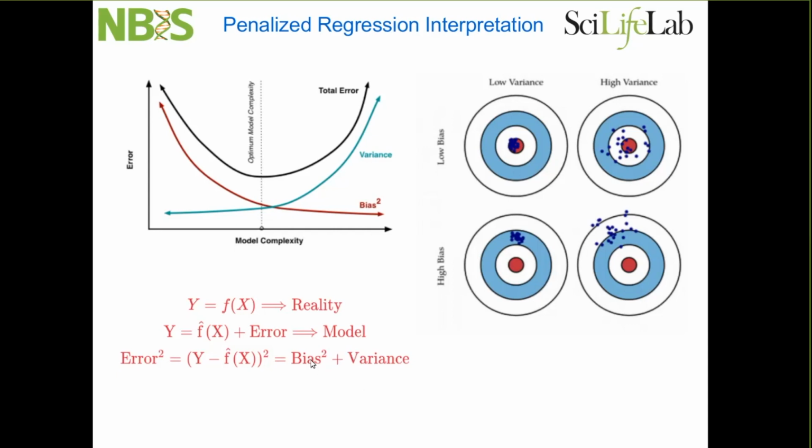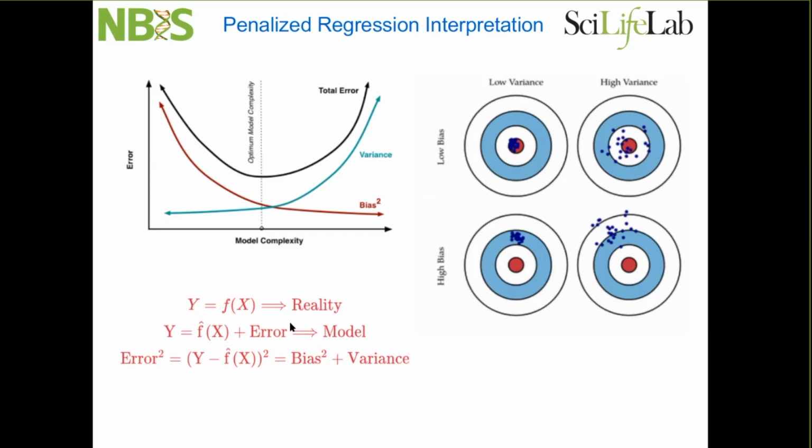And it turns out that in order to minimize error, ideally you would want to decrease both of them. You would like to have this situation when you have low variance and low bias, then your predictions will be on target. But in real life, it's not as good as this.